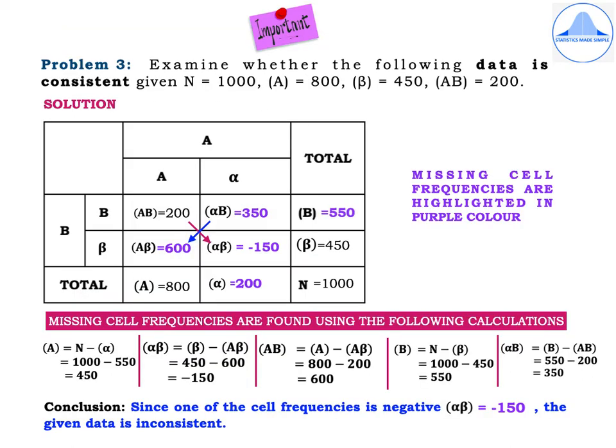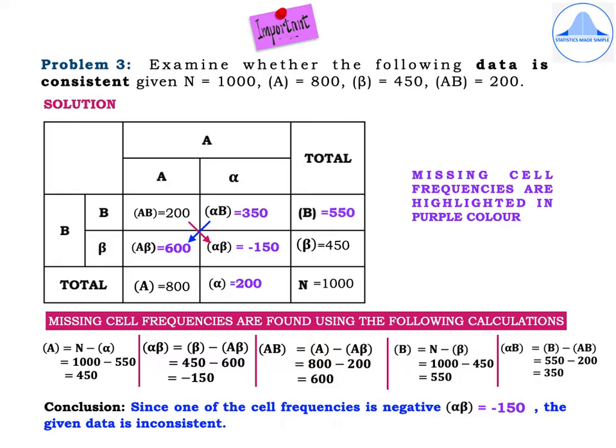Problem 3. Examine whether the following data is consistent given the cell frequencies as capital N equal to 1000, A equal to 800, beta equal to 450 and AB is equal to 200. Under solution, write the 2 by 2 contingency table and list down the frequencies which are given.